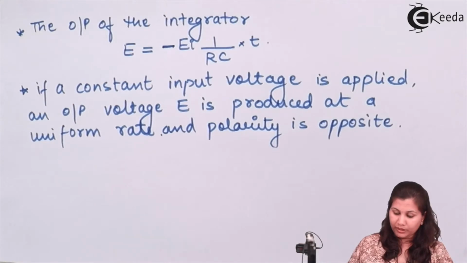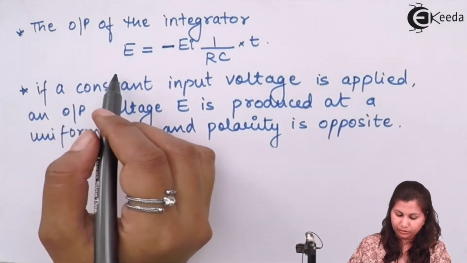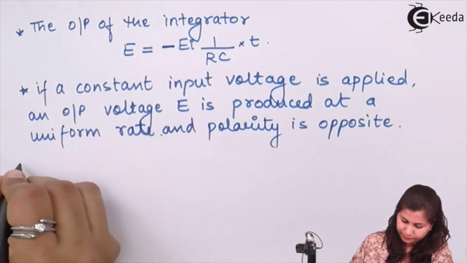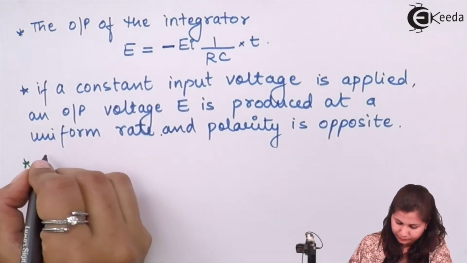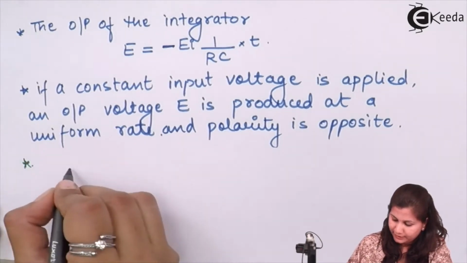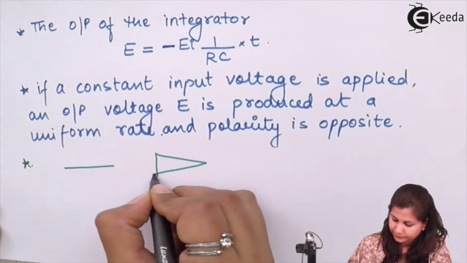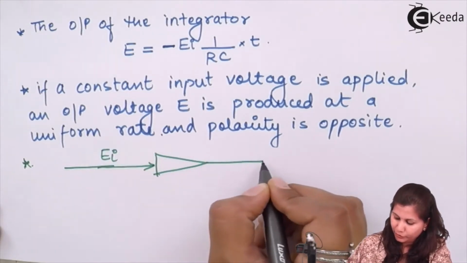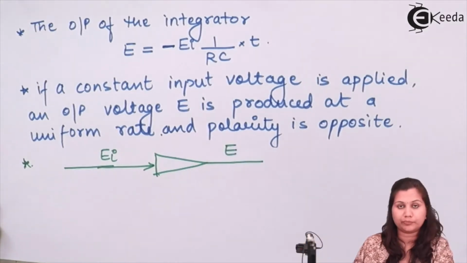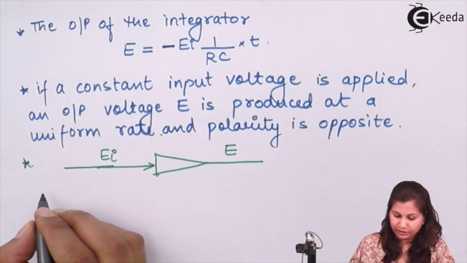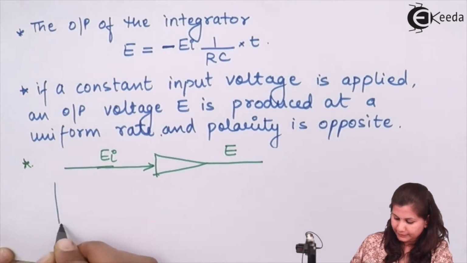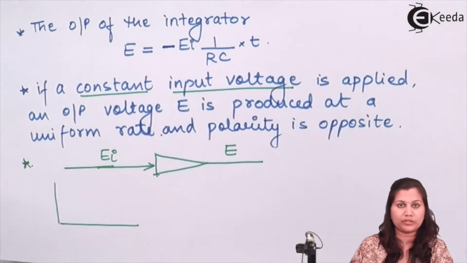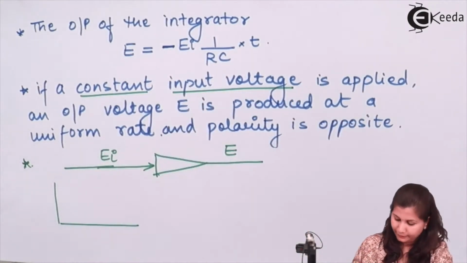Now here we can see that the magnitude of this input voltage and the output voltage will be equal. As soon as we apply the input voltage EI to the integrator, it is going to produce the output voltage E. Suppose that a constant input voltage of 20 volts is applied.